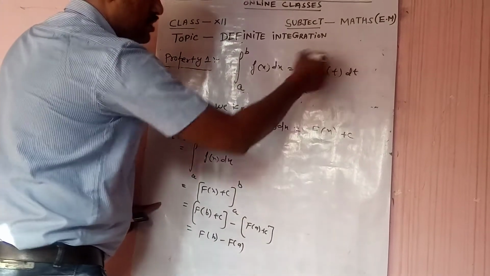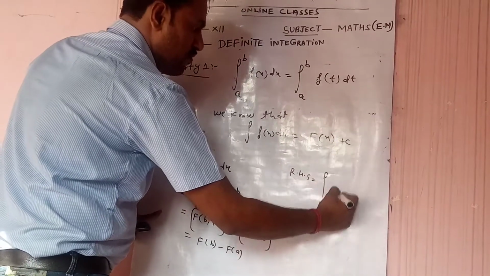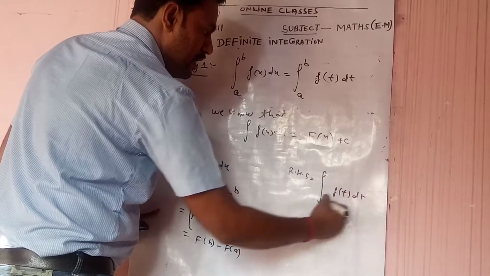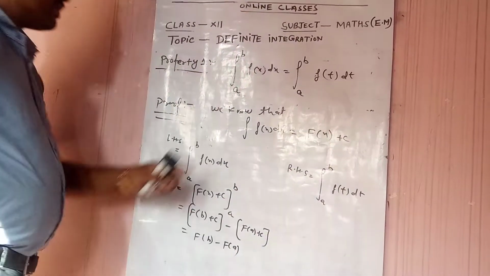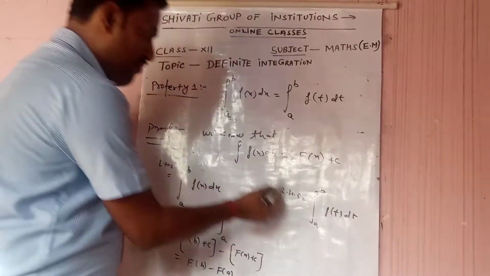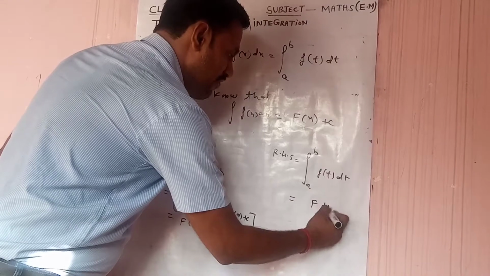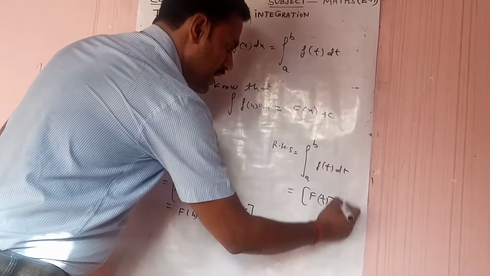This gives, students, c cancels out, so this gives F(b) minus F(a). Now take RHS, students. RHS is f(t) dt within limit a to b. When the integration of f(x) dx is capital F(x) plus c, similarly the function is the same, only the variable is changed, so its integral is capital F(t), and the limit is a to b.